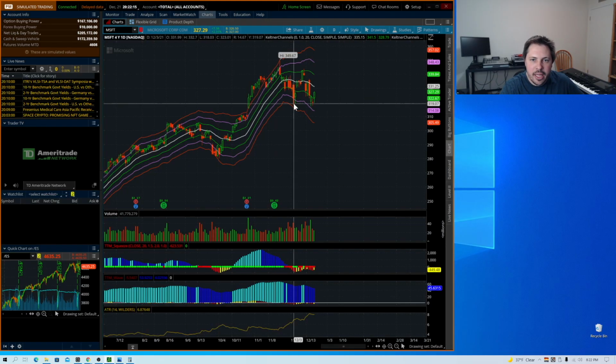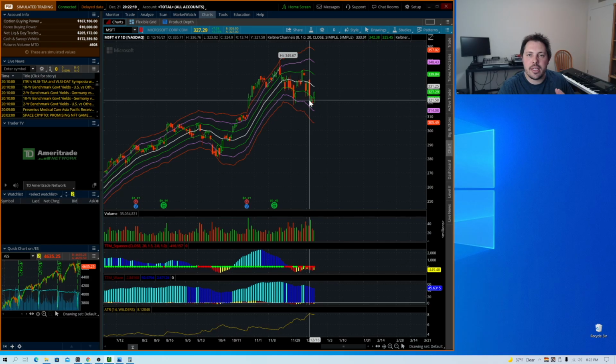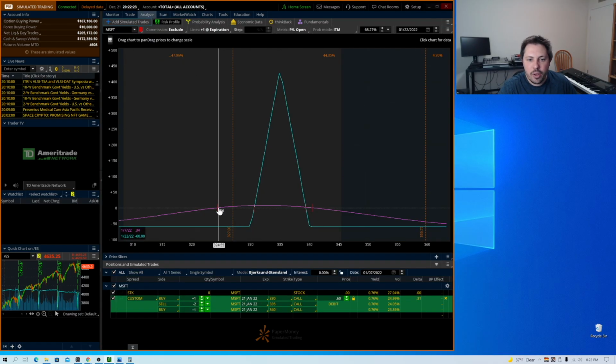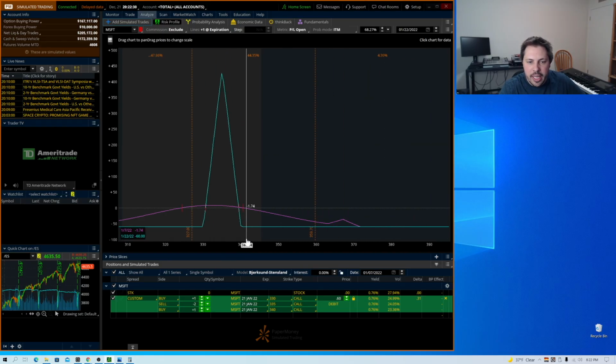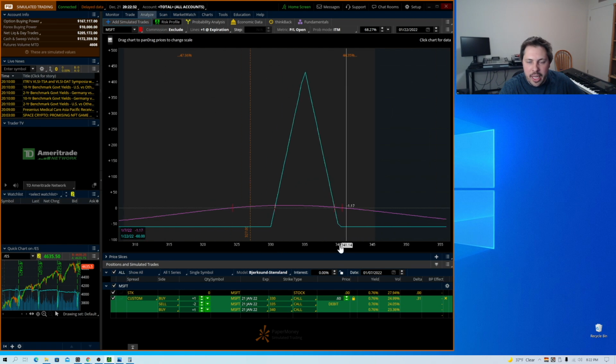So again, above the market, right? We're looking at this as a kind of bullish play here, and we can see that here is where the price of the market is. And this, again, the blue line is the intrinsic value of the option at expiration, and the purple line is the time value.